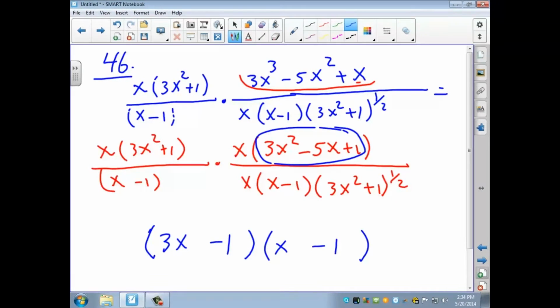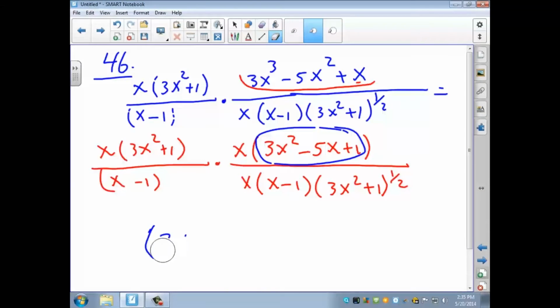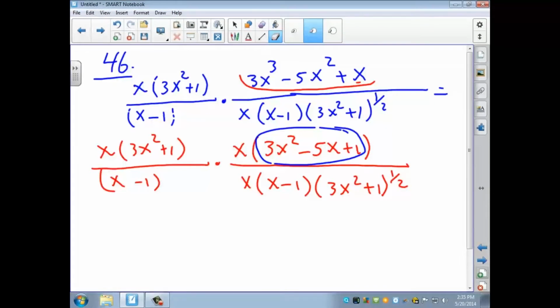So 3x times minus 1 minus 3x would be minus 4x. So I have minus 5x. So it cannot really be factored into anything.